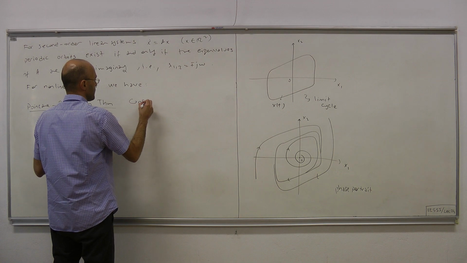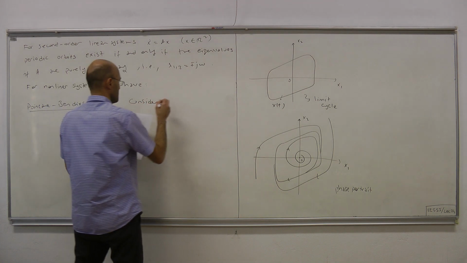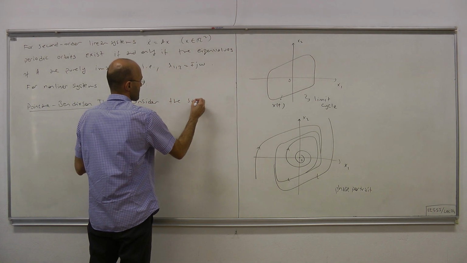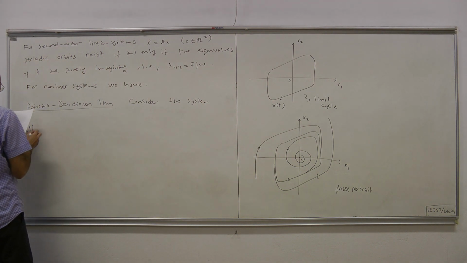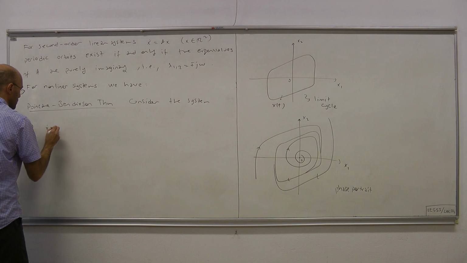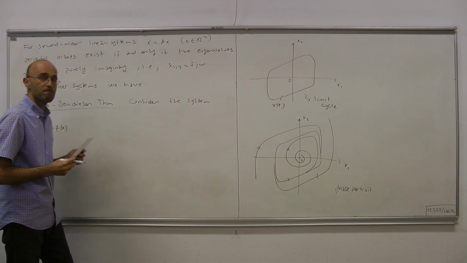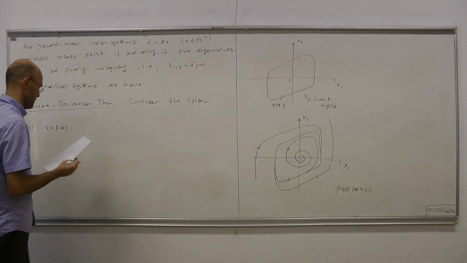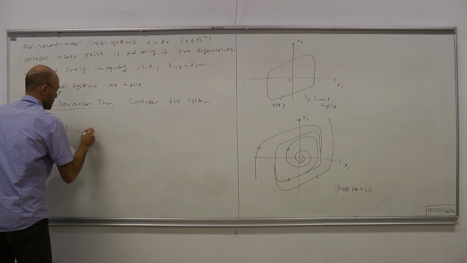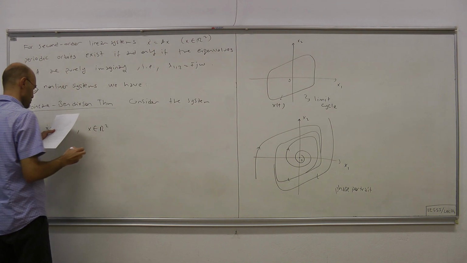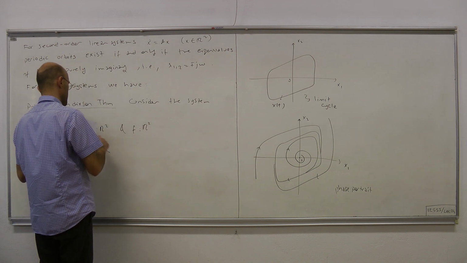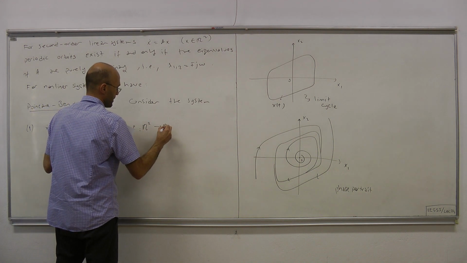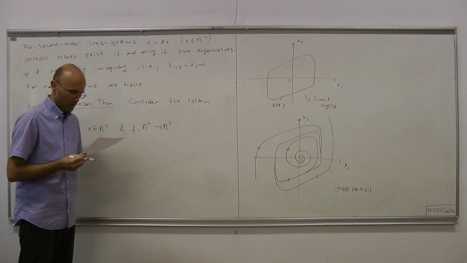Consider the system x dot equals f of x. Okay, and we're talking about a second order system. So x is in R2, and f is a map from R2 to R2.